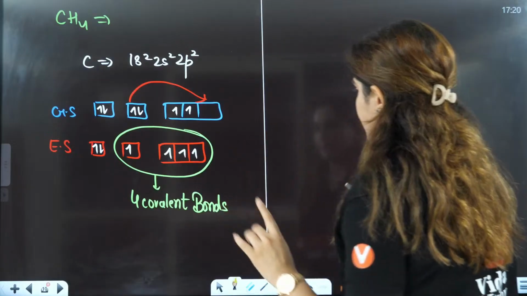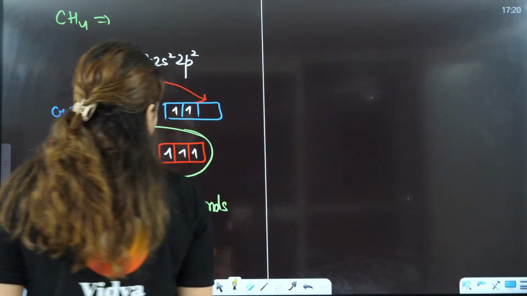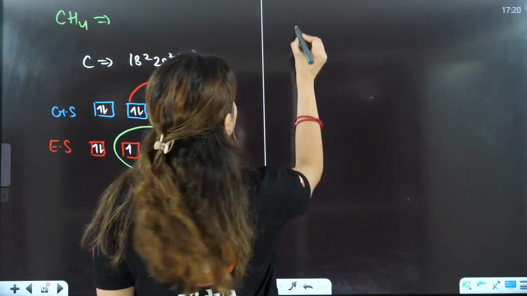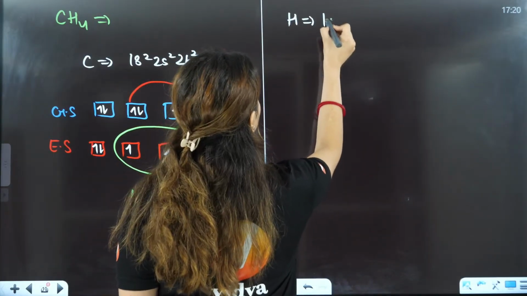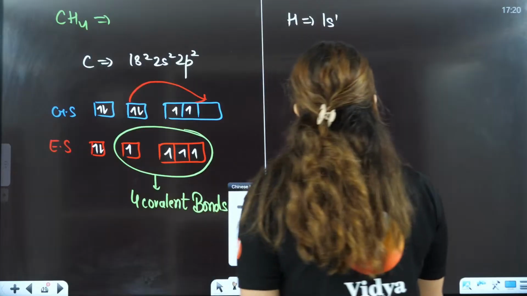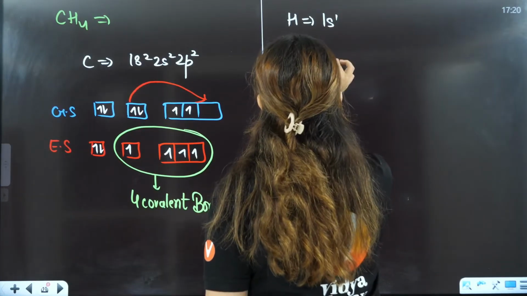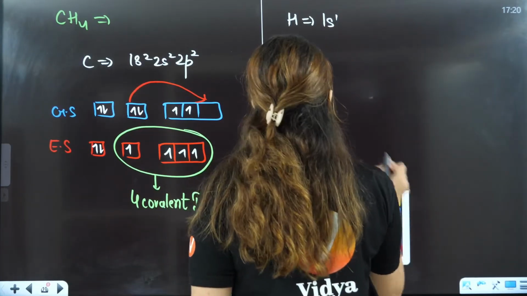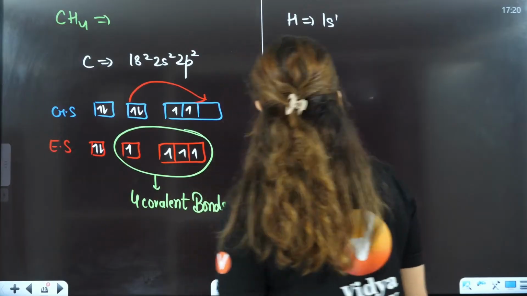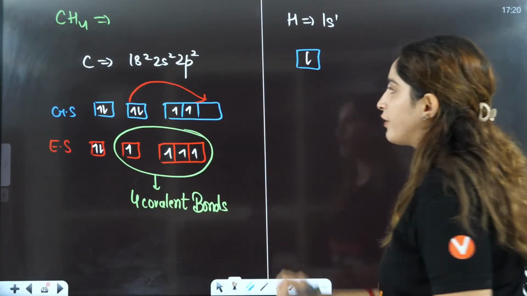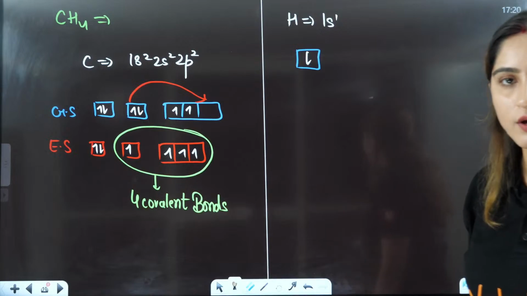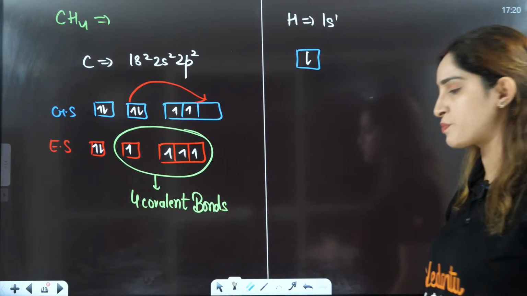Let's talk about hydrogen, okay, here I am talking about hydrogen. Hydrogen is 1s1. So each hydrogen here will have a 1s1 electron, because for overlapping we need half-filled orbitals with opposite spins.